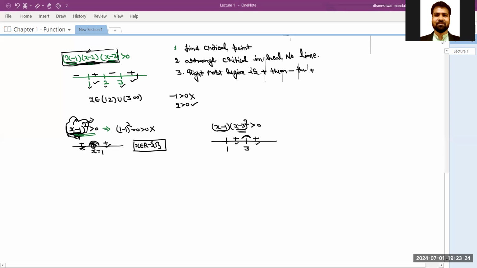But if I take any number which is greater than 1, then the sign will be different, and if I take any number less than 1, then the sign will be different. That's why here we have plus sign, then minus sign. Now, what is the solution from here? X belongs to, I take positive region only. One positive region is from 1 to 3 and the other positive region is 3 to infinity. Is this clear to everyone?